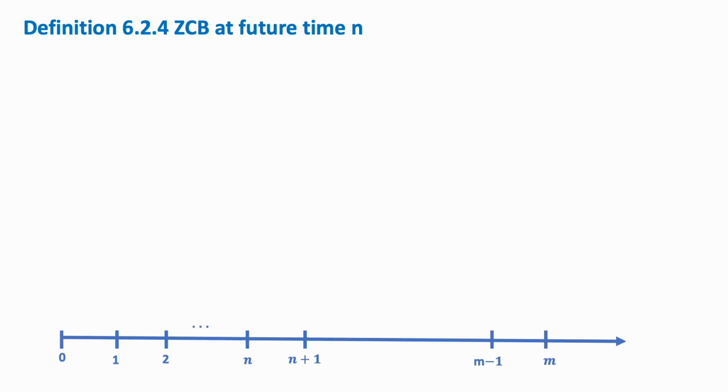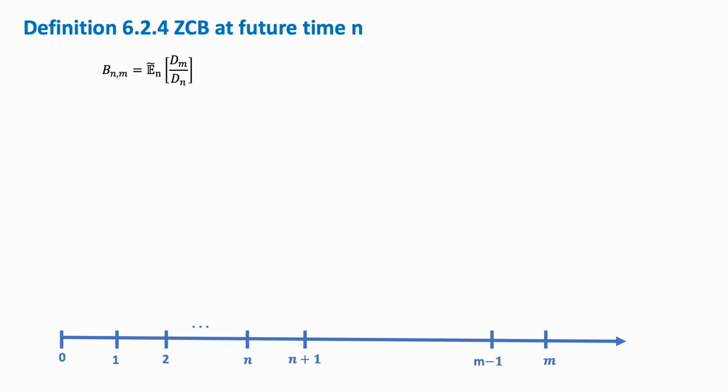Then, well, we can talk now about the price of a zero coupon bond at a future time. So the price of a zero coupon bond as of time n, for a zero coupon bond that's going to mature at time m, and let's say that the zero coupon is paying $1, is just given by this expression here.